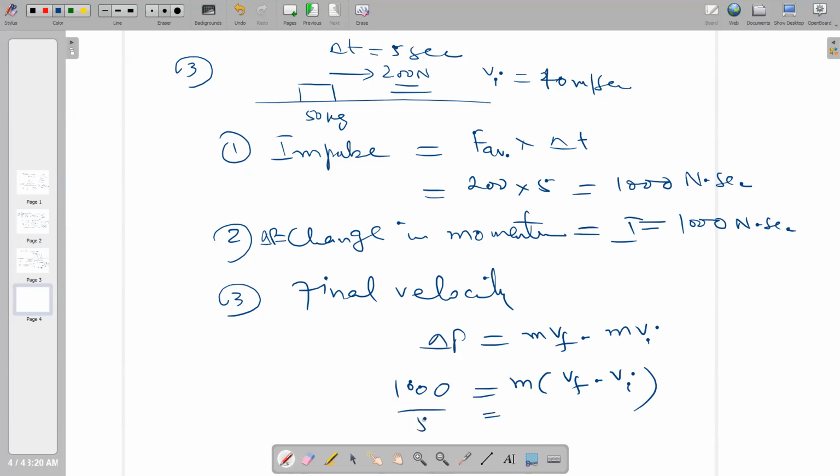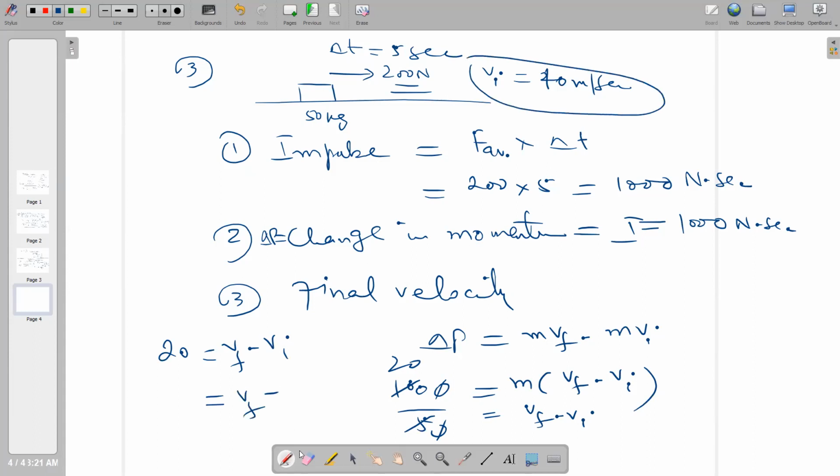So you divide by 50 and this is vf minus vi. If I solve this, it will be 20. So 20 is equal to vf minus vi, and vi is given, it is 10. So here I will put 10 and vf will be 20 plus 10, which is 30 meter per second. This is the final velocity. You can find it like this.